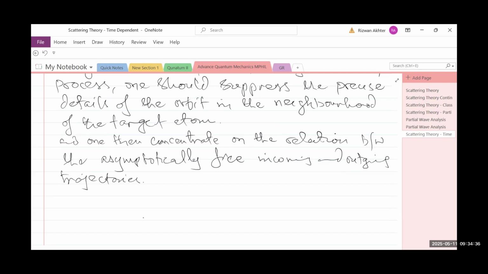So one would not consider in detail the description of the interaction region, but we need the information about the interaction region, and that can be done with the help of the outgoing particle.